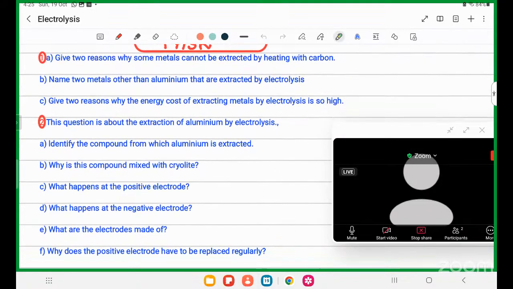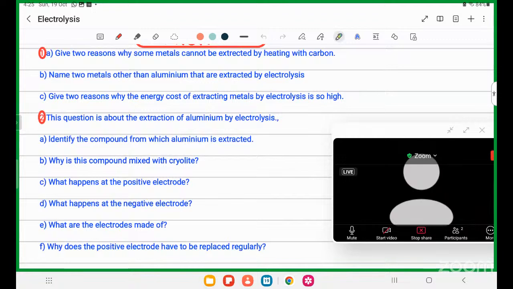Then the next says, give two reasons why the energy cost of extracting metals by electrolysis is so high. Because melting the metals takes a lot of energy, which is expensive, and the electricity has to be high, and that's expensive as well. Okay, good.